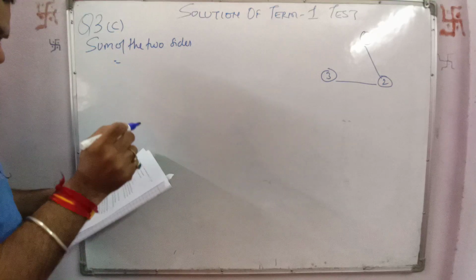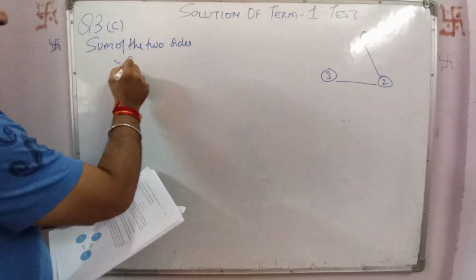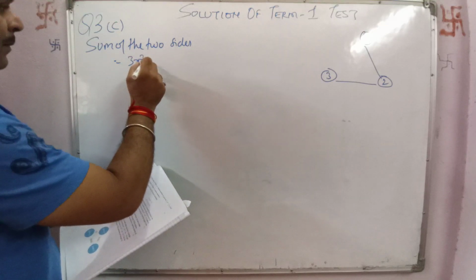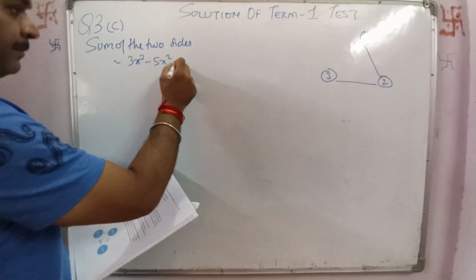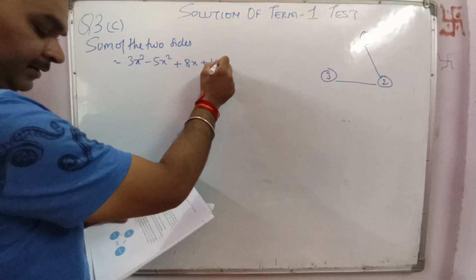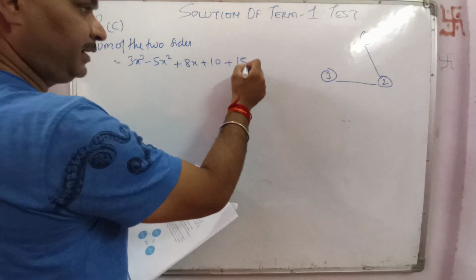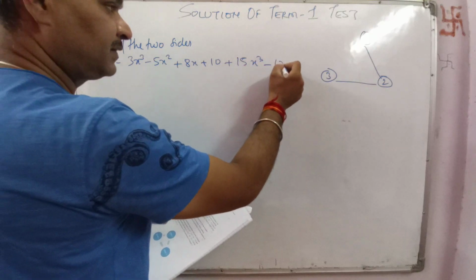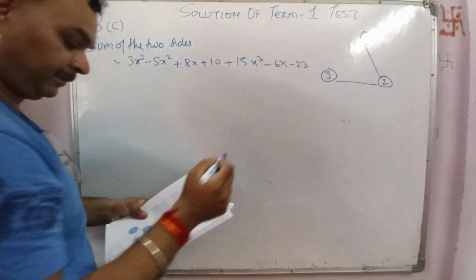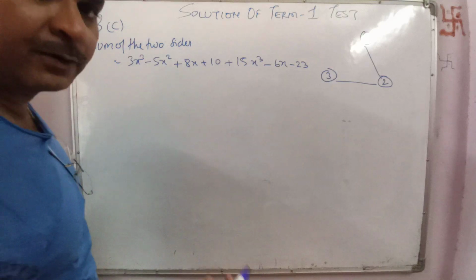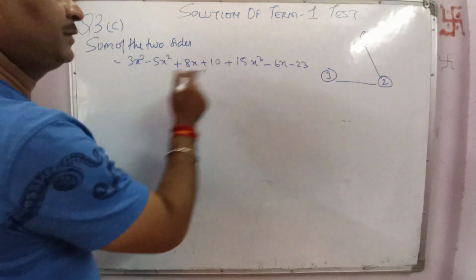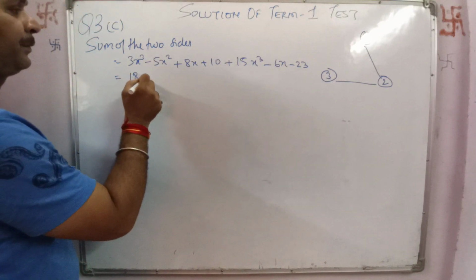That will give you 3x cube minus 5x square plus 8x plus 10 plus 15x cube minus 6x minus 23. Now since we know that we can add or subtract only like terms, 3x cube plus 15x cube is 18x cube.